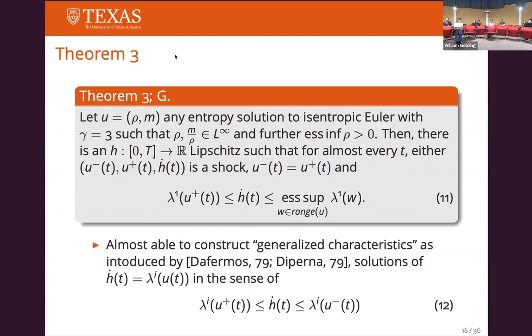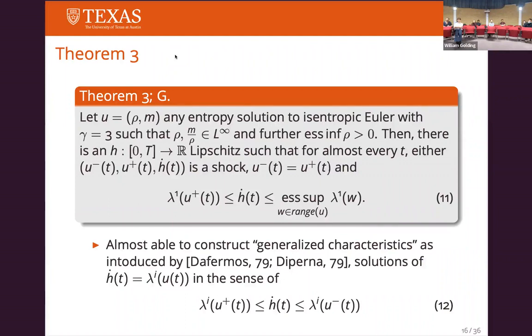There's a generalized notion of h dot equals lambda 1, a generalized characteristic, introduced by De Framis and De Perna in '71. So way back when.